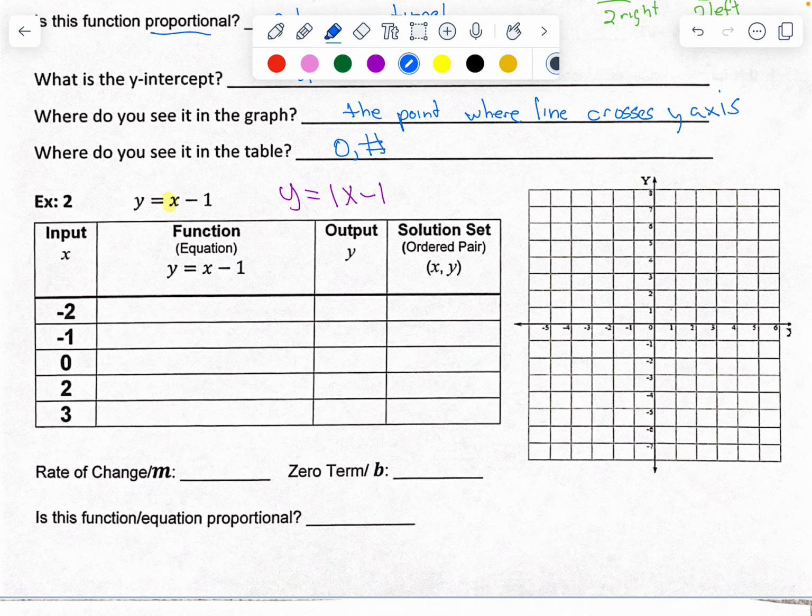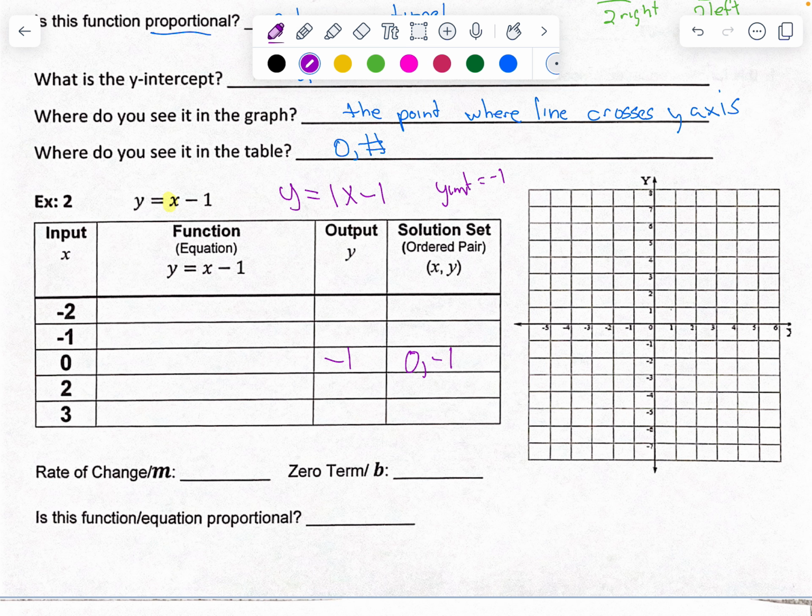The next thing I'm going to notice is that my y-intercept is -1, which means that this number right here is -1. Okay? So it's 0, -1.